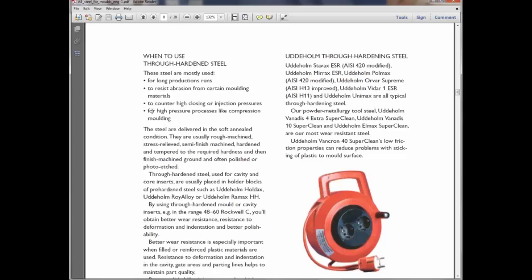This matters even more for high pressure processes, because in injection molding we don't apply that much pressure, but when we talk about pressure die casting, the pressure is very, very high.